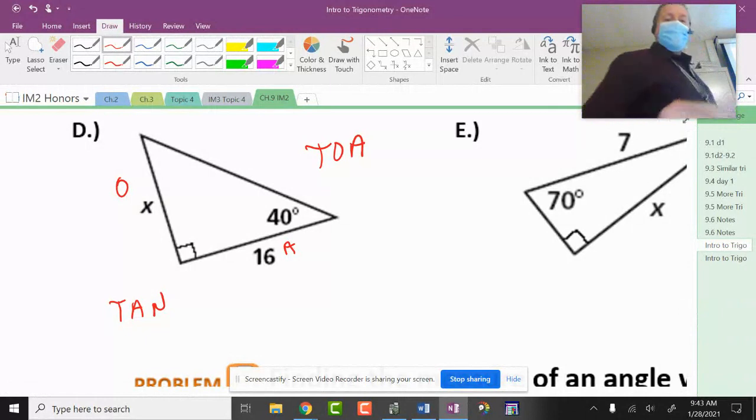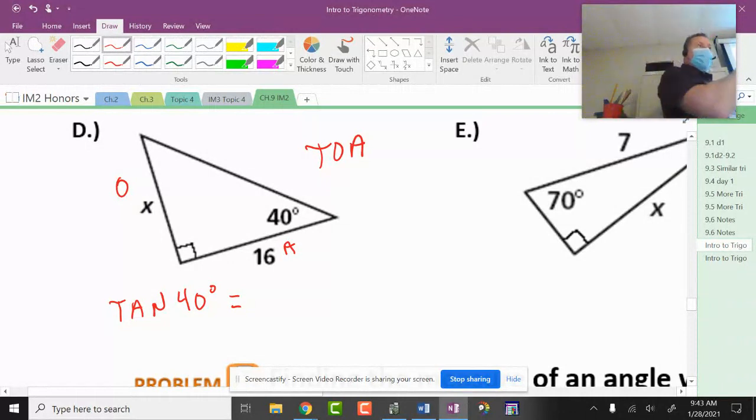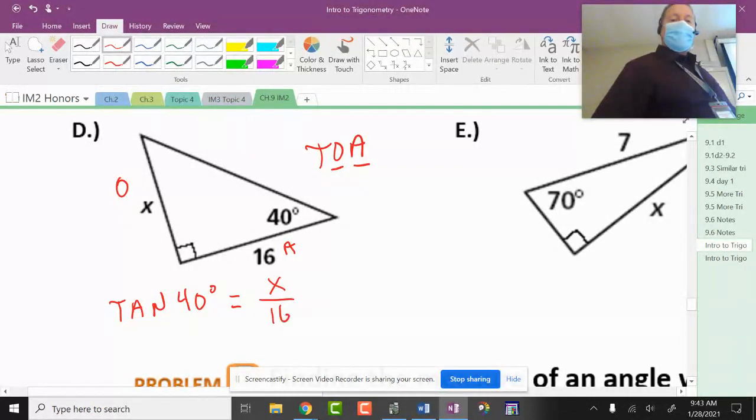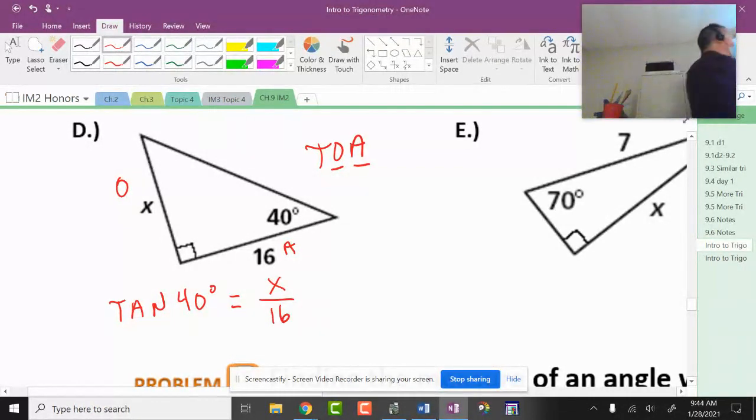Who do you tan? And then that equals what over what? TOA. First, second. So first is up, second is down. That's the order of the thing.